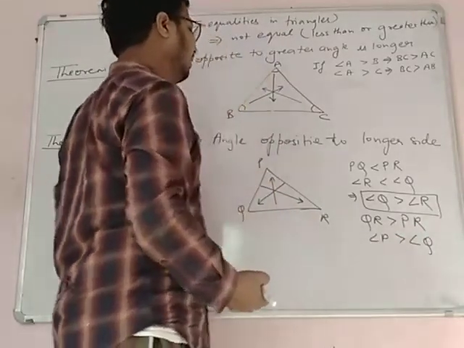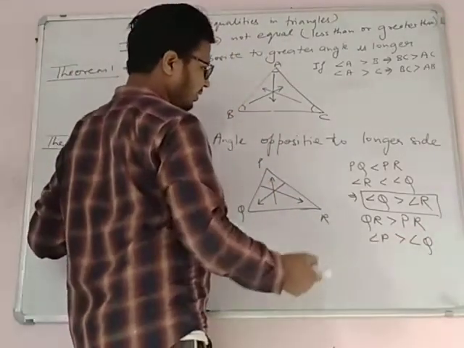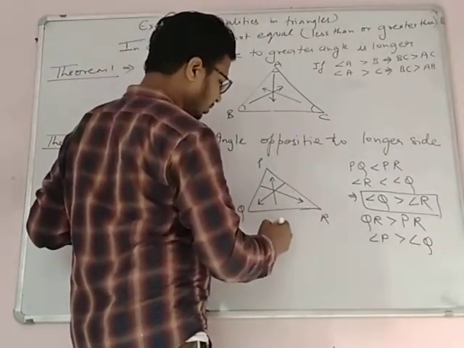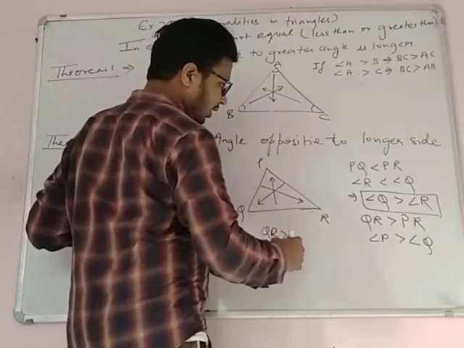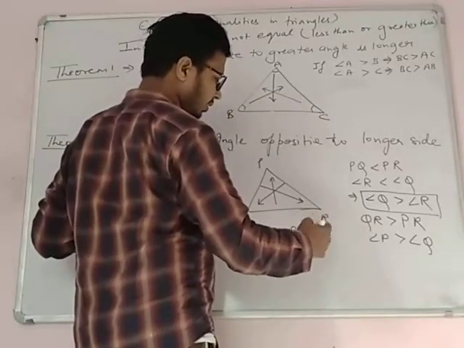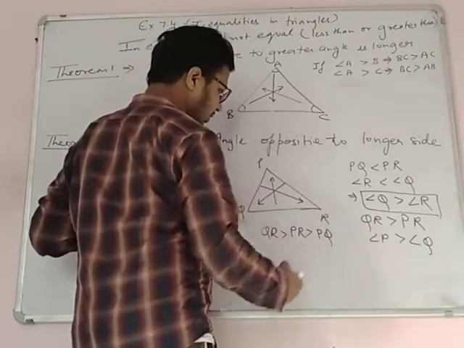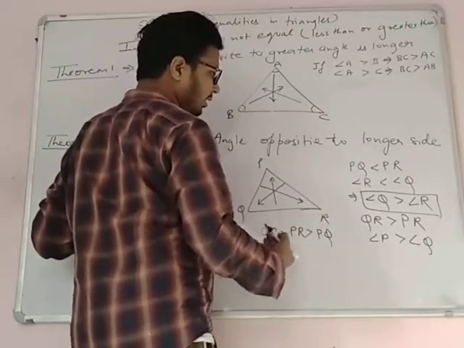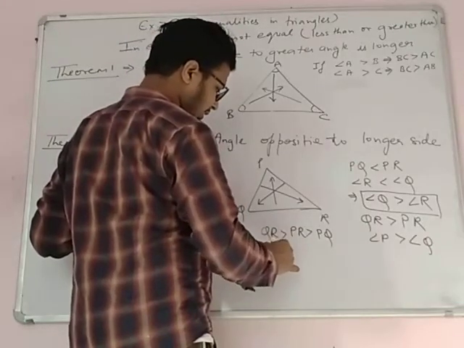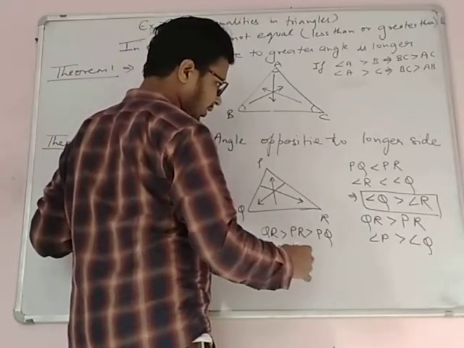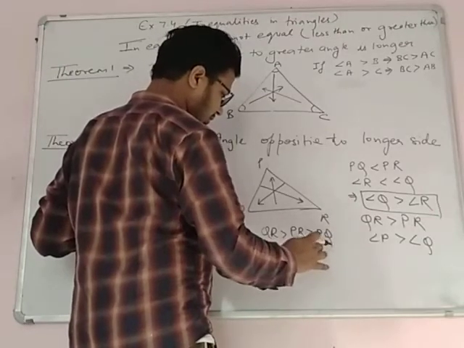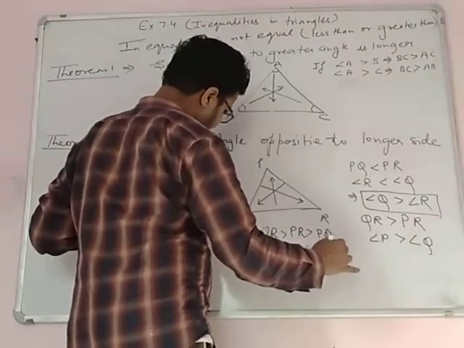So from that we can get QR is greater than PR is greater than PQ. Same, the sequence of the angles opposite to the sides: angle P is greater than angle Q and angle Q is greater than angle R.